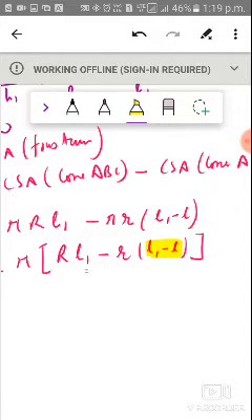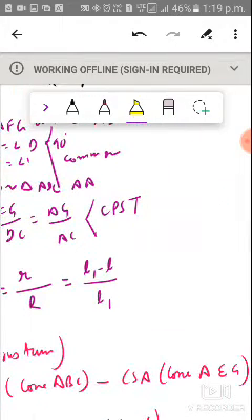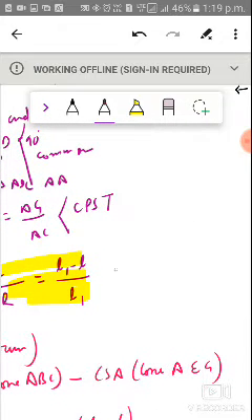Okay, so we will find the value of L1. So how are we going to find L1? We come to here, we'll take these two ratios right here. So let us see what we can find from here.